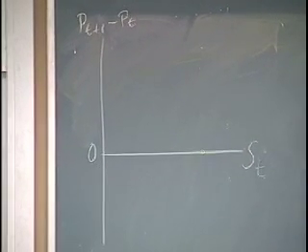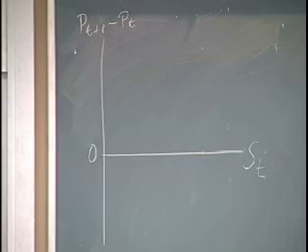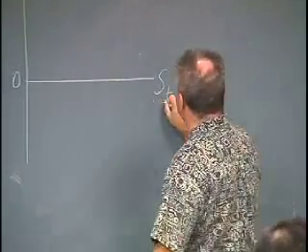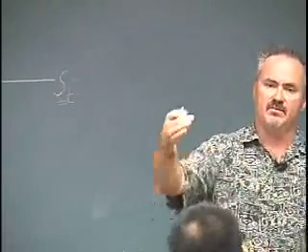T plus 1 could be March futures. T could be January futures. Doesn't really matter. T could be the spot price. T plus 1 could be January futures. So we have a price for two different time periods. S sub t is the volume of stocks that's carried from this period to the next period.